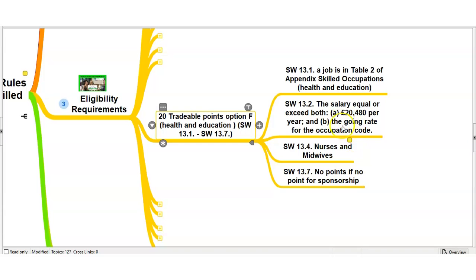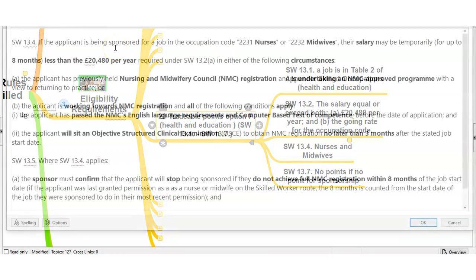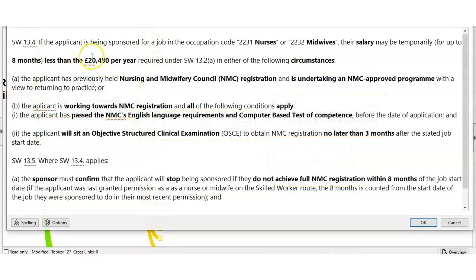Let me explain what these exceptions are. First of all, these exceptions apply to the salary requirements. They say here that they will allow midwives and nurses to receive less than £20,480 per year in some circumstances. And here they are.